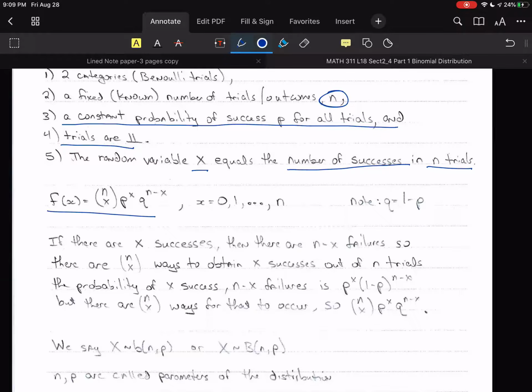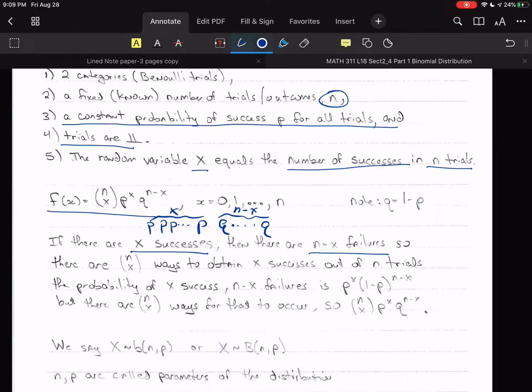Let's look at what can happen here. If we have x successes, then there are going to be n minus x failures. Out of n trials, we're going to have x successes, and then the failures, there's going to be n minus x of them, so the total is n.